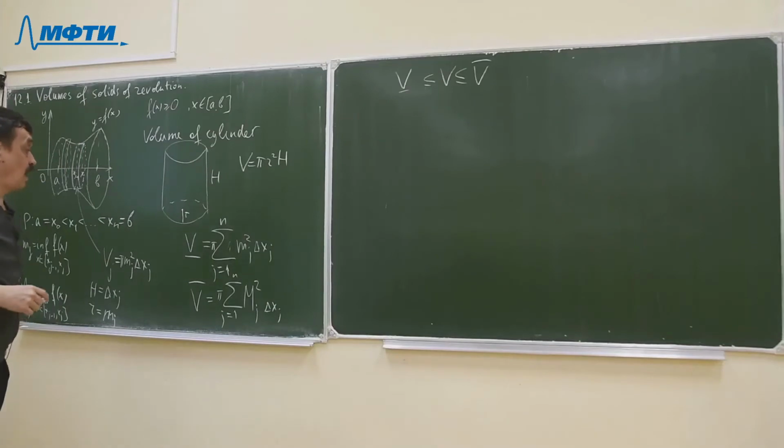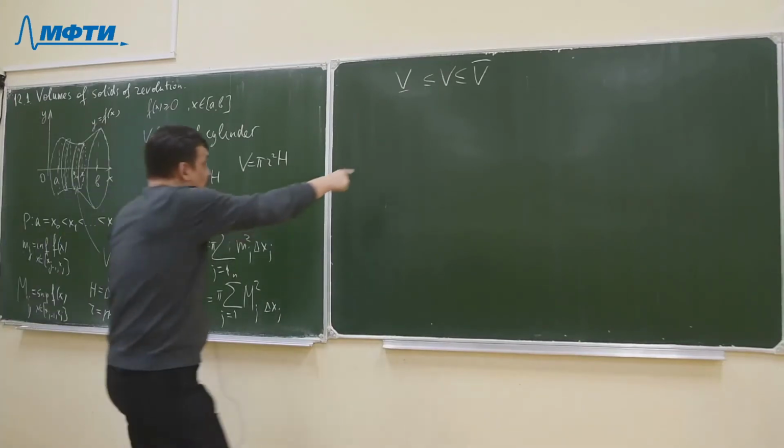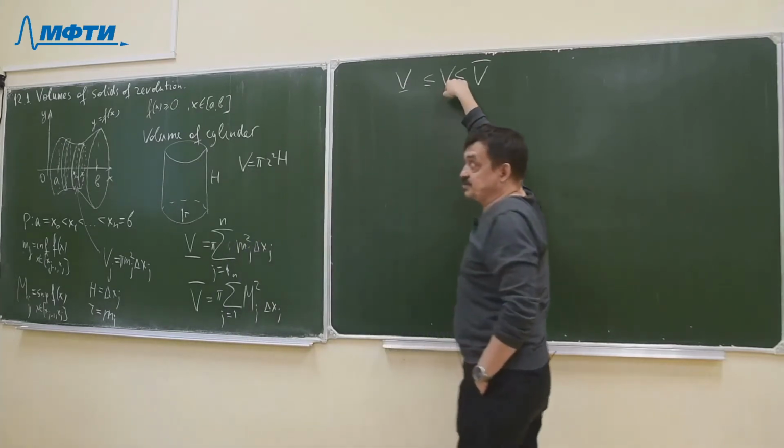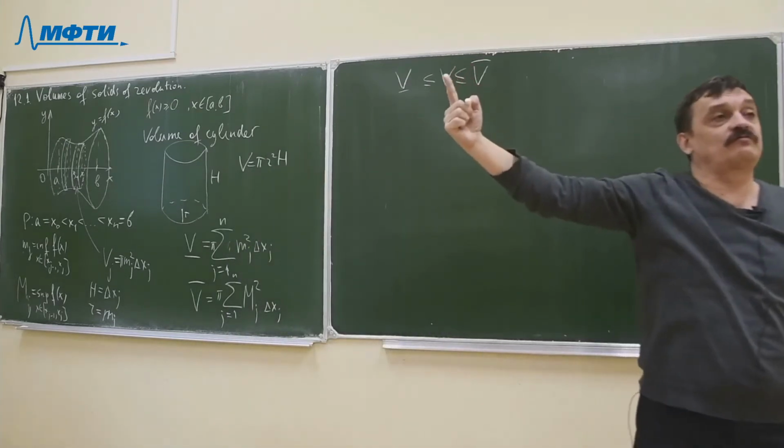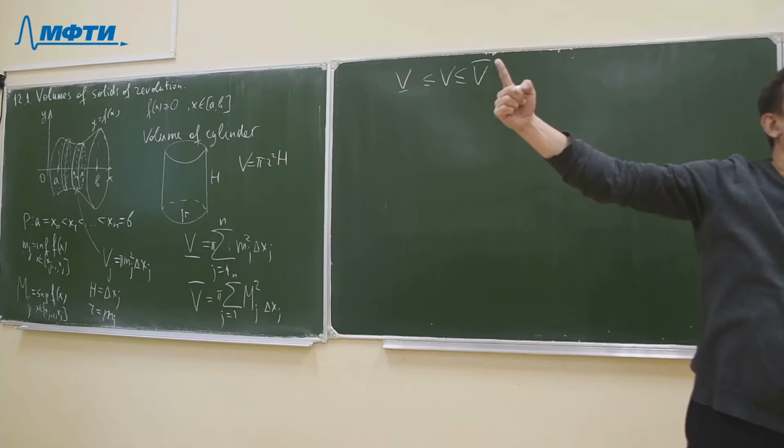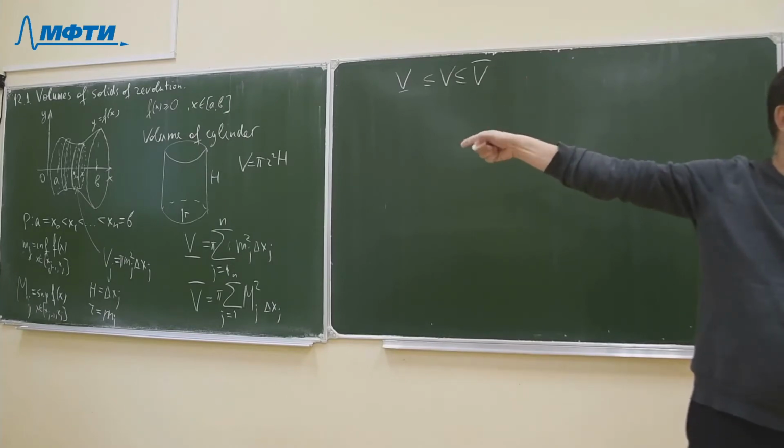So the volume of our solid of revolution, which I want to find, is somewhere between those two volumes.